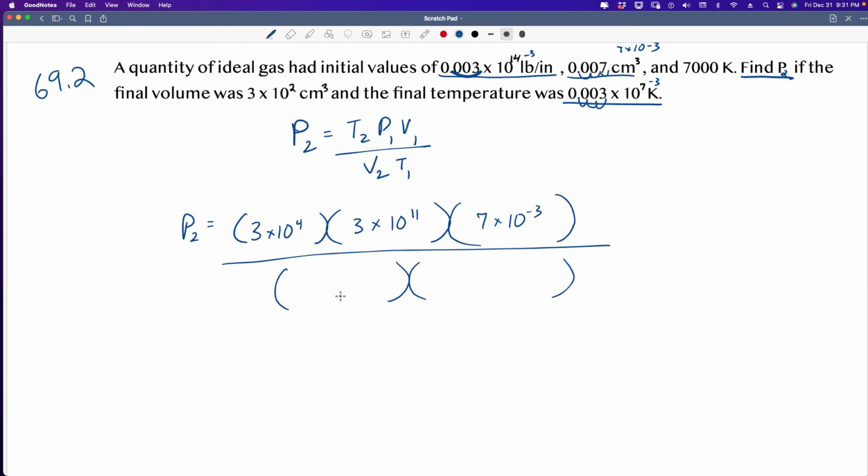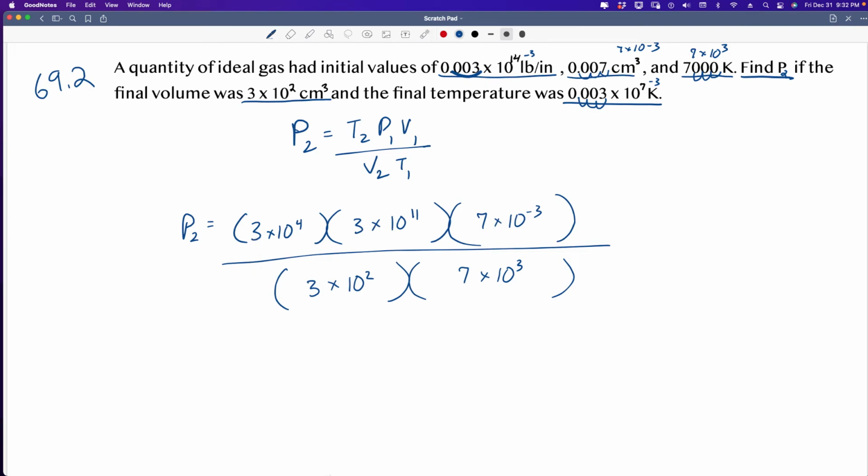All right, now I need the final volume, which was this, and it's already fine, so I can just write it exactly the way it is. And then the original temperature, which is 7,000 K, which is not in scientific notation at all. So 1, 2, 3 here, it's going to be 7 times 10 to the positive 3. All right, now I can just multiply the whole numbers, right?